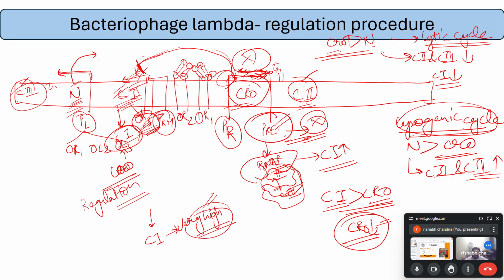Okay, so this is the end for the prokaryotic transcription, and from the next class we'll start with the eukaryotic transcription. Now we'll move on to some of the previous year questions that are asked related to the prokaryotic transcription, and we'll see how much we can cover today, otherwise we'll move on till tomorrow.